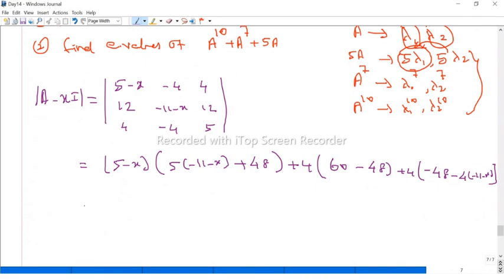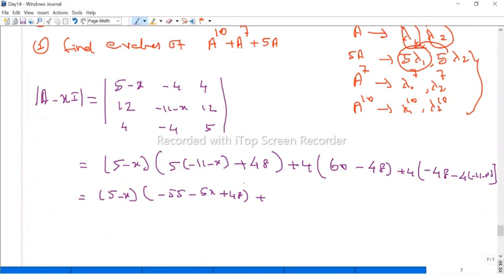Now simplify. 5 minus x into, if you multiply this, minus 55 minus 5x plus 48 plus... Sir, here the last element will be 5 minus x only, no?